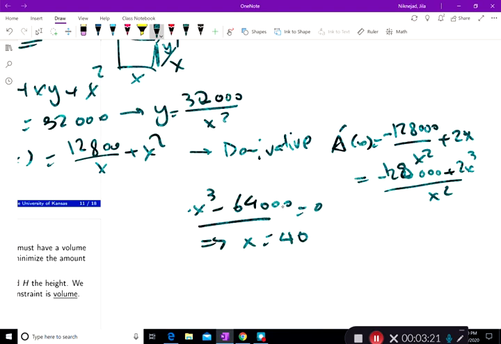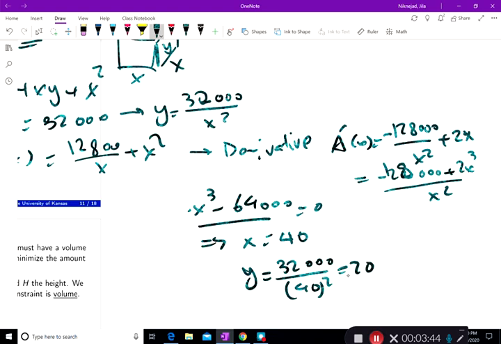We can plug it back in to solve for y: y equals 32,000 divided by 40 squared, and this is going to give us 20.